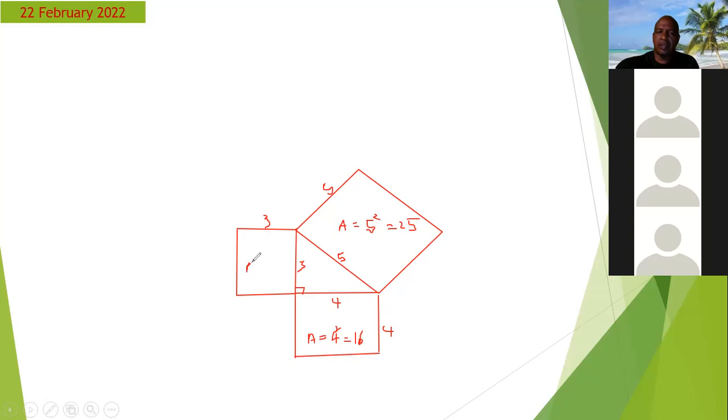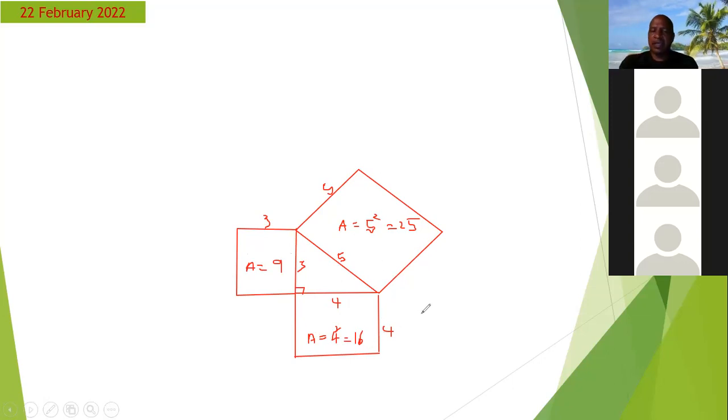So the area of this square would be 9. Now, what he noticed here is that if you add the areas of these two smaller squares, 9 plus 16 gives you 25.